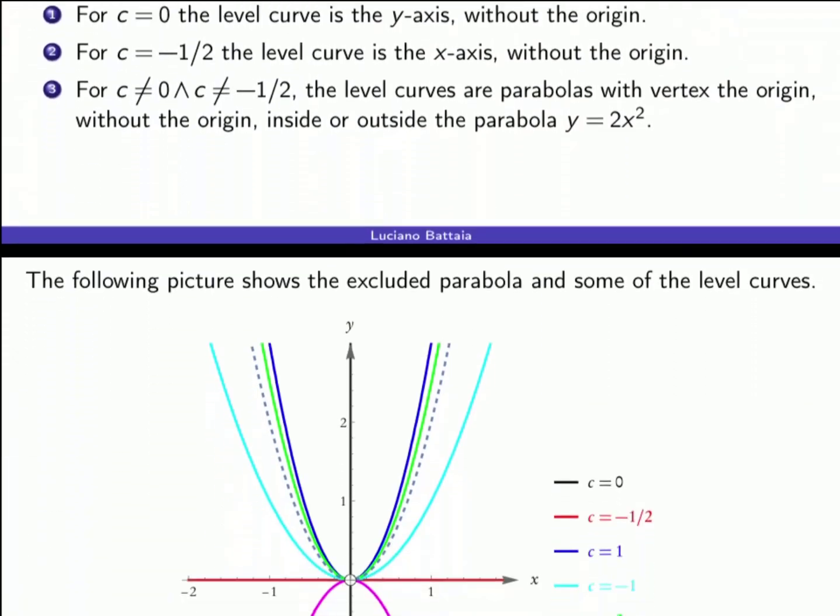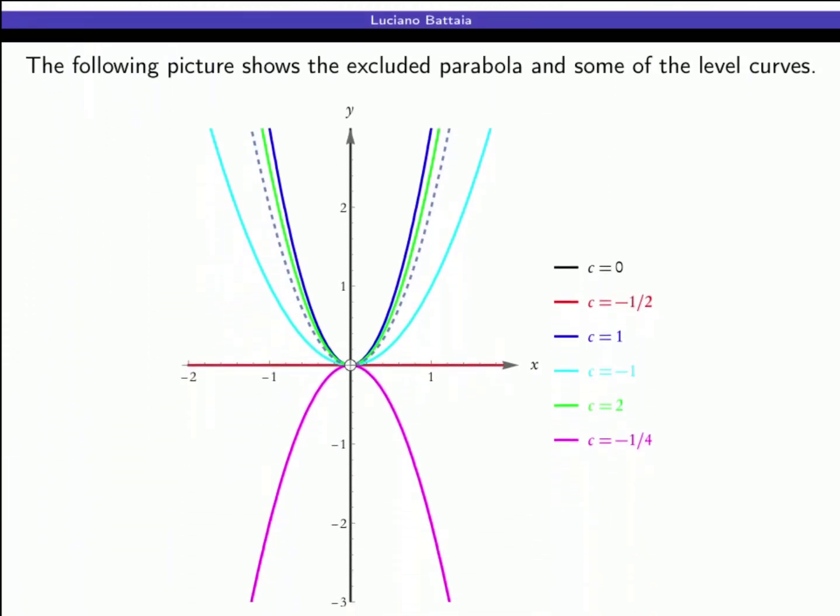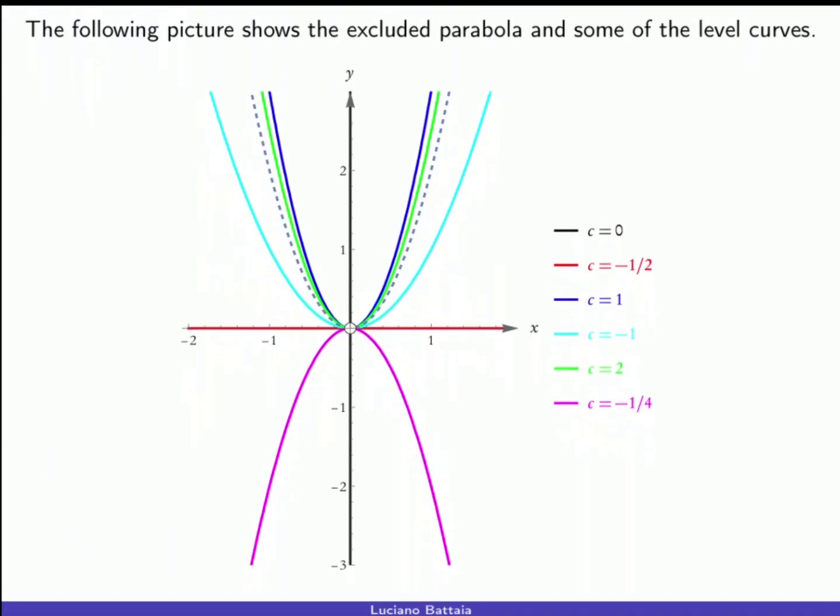Some of these curves are represented in this picture, where also the excluded parabola, that is the points that are outside the domain, is represented. Observe in particular the two level curves c equals 0, that is the y-axis, and c equals minus 1/2, that is the x-axis, always without the origin.